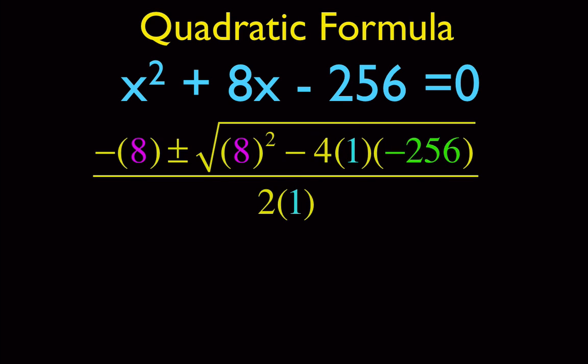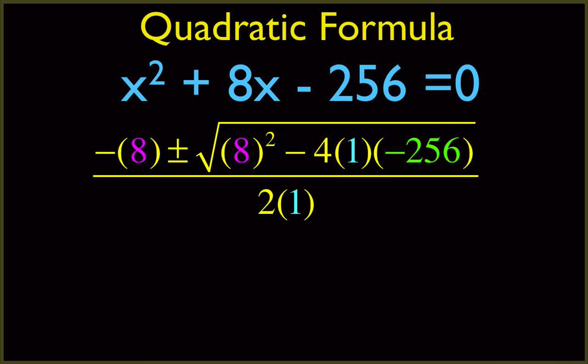Remember, the quadratic formula is negative b, this is why it jumps to negative 8, because b is 8, plus or minus the square root of b squared, which is 8 squared, minus 4a, which is 1, times c, which is negative 256. On the bottom we also have a. So remembering again that the number here would be a if there was one. This is always b.